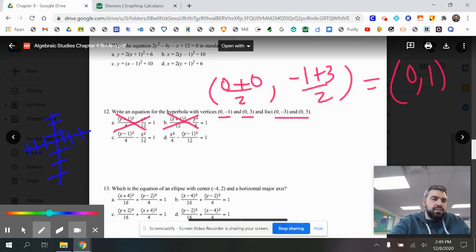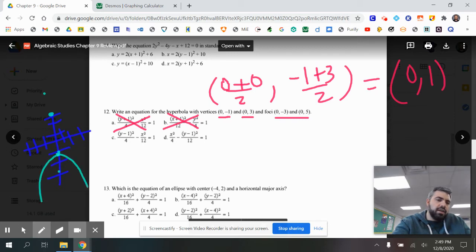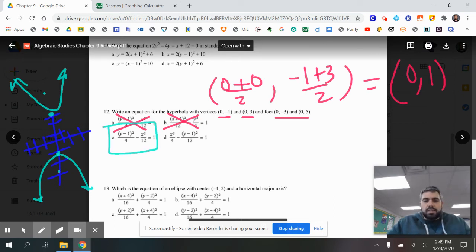If I know that 0, -1 is one of my points, and 0, 3 is one of my points, those are my vertices, and my foci are at 0, 5 and 0, -3, it means they're going to go like this, right? It's a vertical one, which means my y has to come first. And so automatically we know that it's going to be C.